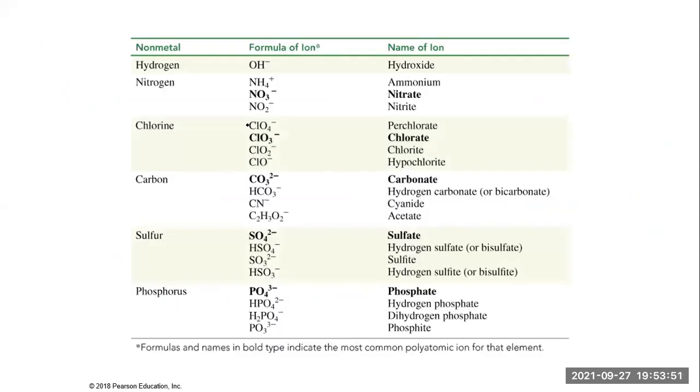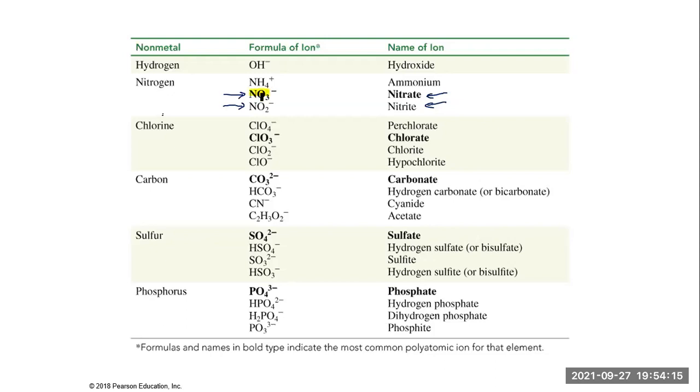So let's take a look. This is a table of some polyatomic ions. And you do need to know the formulas and the names because it's going to be important to be able to balance out the charges. There's a good way to remember some of these, and that is to group them by ones that are related to each other.